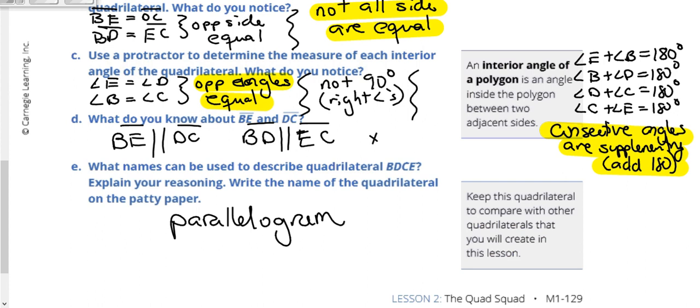So these are all properties that we know about a parallelogram. Okay, all right, so let's move on.